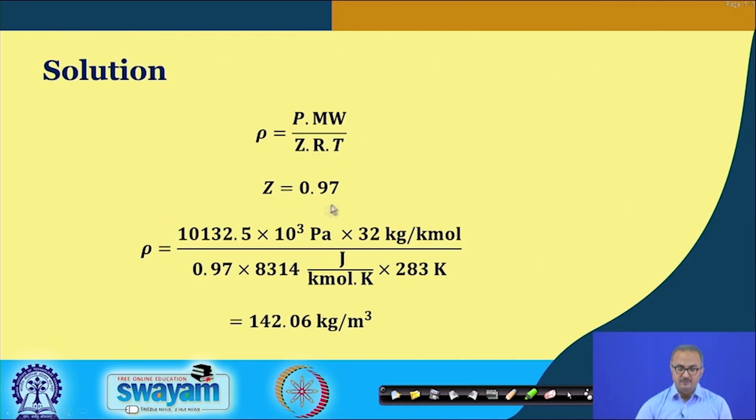After knowing the value of Z, we plug in the values in this particular formula, where M is the molecular weight, and we find the density of the oxygen gas at the given temperature and pressure. So it is quite straightforward, and what we have learned is how to look into the thermodynamic chart to find the compressibility factor.